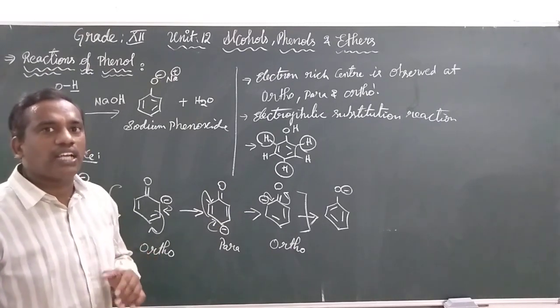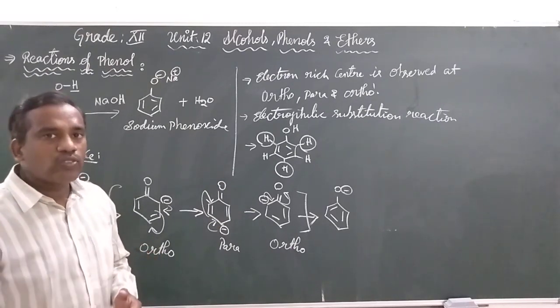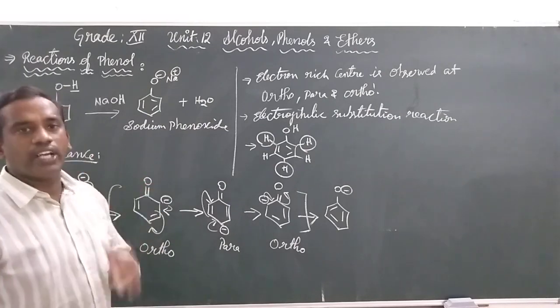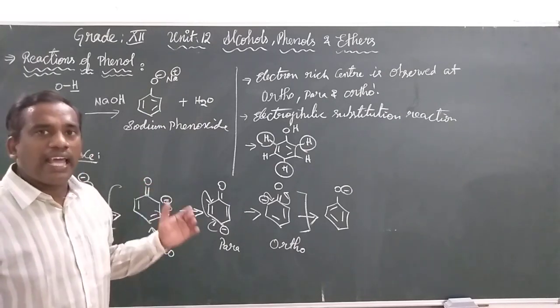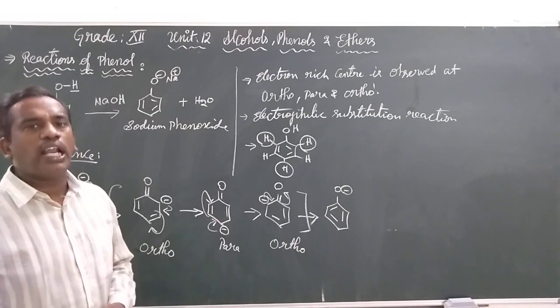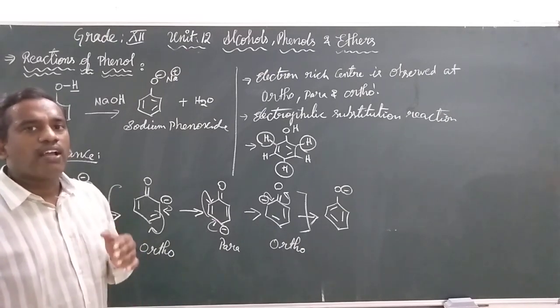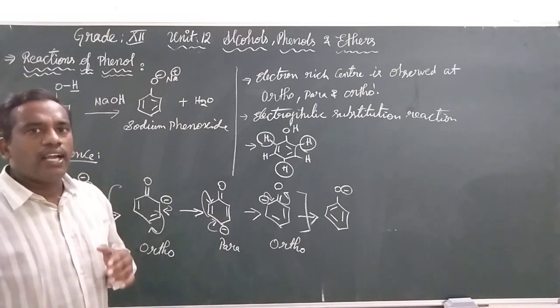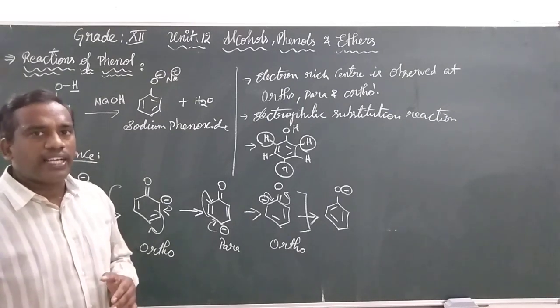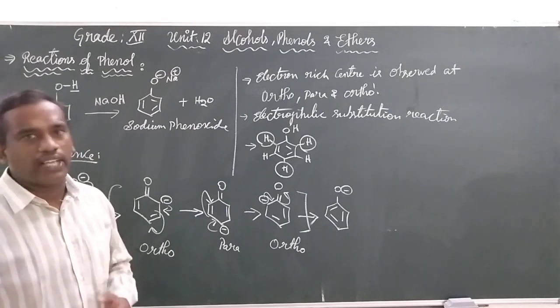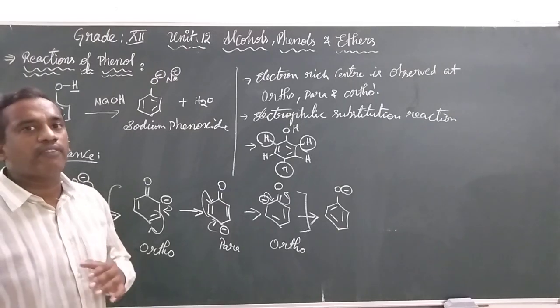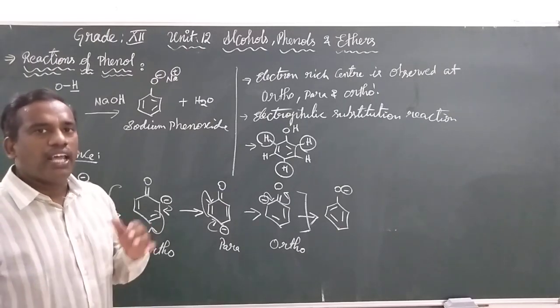Hence, phenol is readily involved in electrophilic substitution reaction. This is an aromatic compound, so we say phenol is undergoing electrophilic aromatic substitution reaction. So what is the type of chemical reaction phenol is involved in?